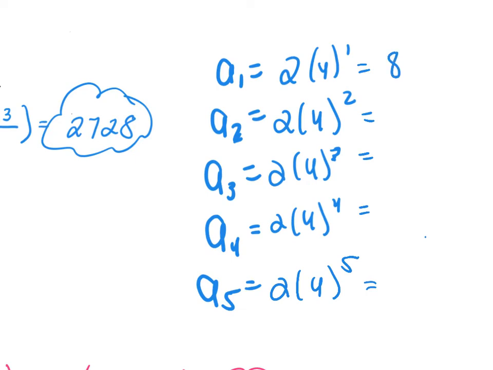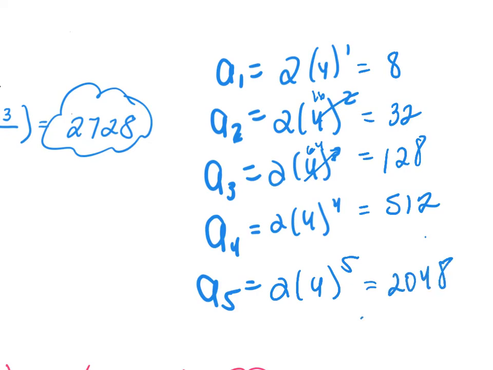So 2 times 4, we know this is 8. 4 squared is 16 times 2 is 32. 4 cubed is 64 times 2, it's 128. 4 to the 4th power, I'm just doing that in my head because I know that. If you don't, it's no big deal. You have a calculator. This is 512. And then 4 to the 5th power times 2 is 2048.